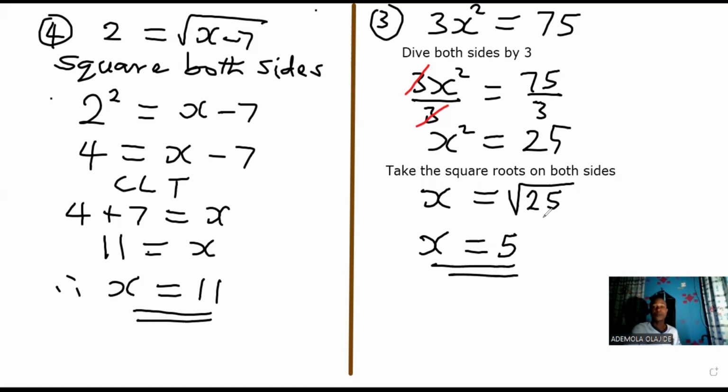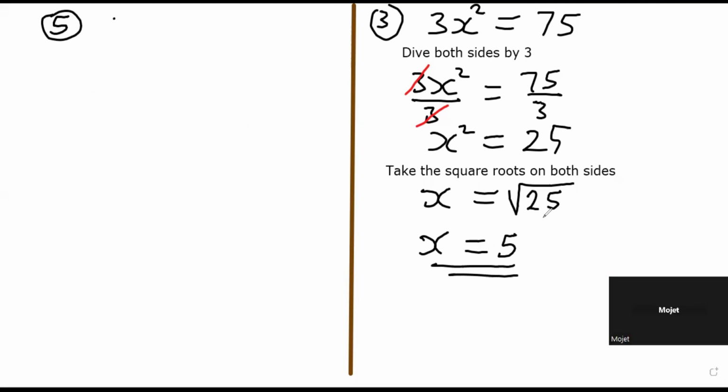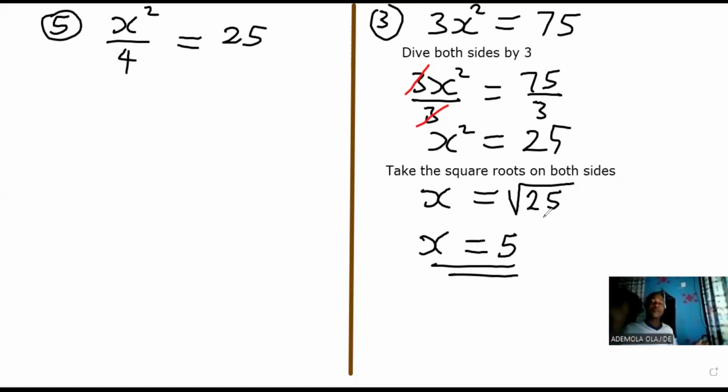Okay, for question 3 now. That means we have 1 left. We have x squared divided by 4 equals 25.